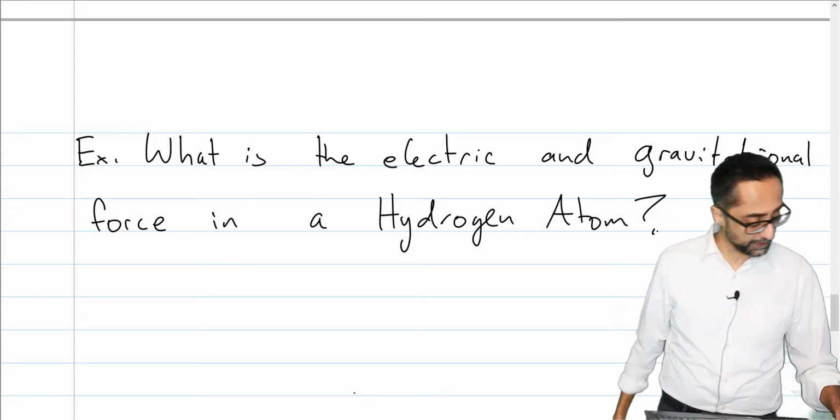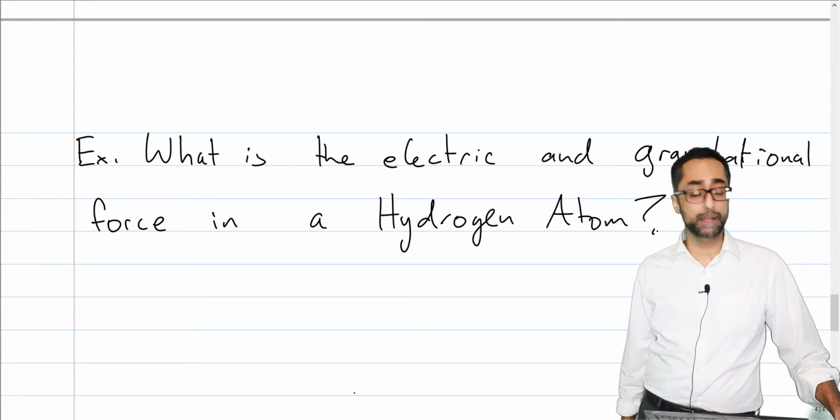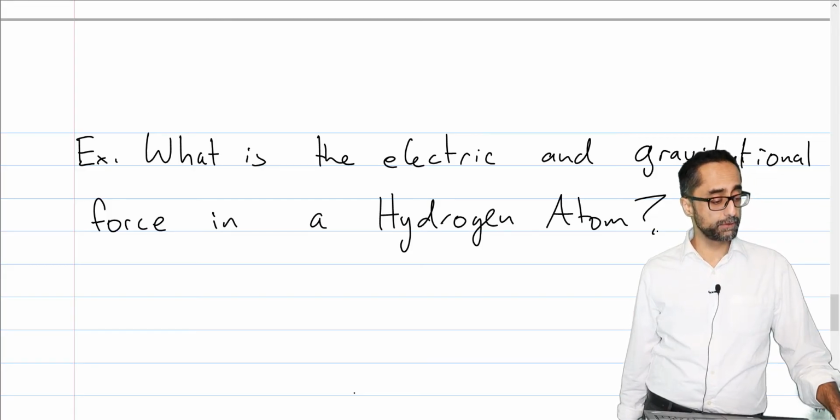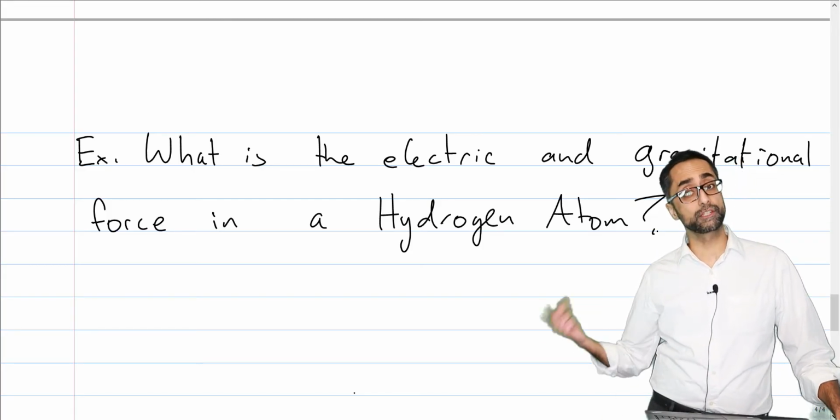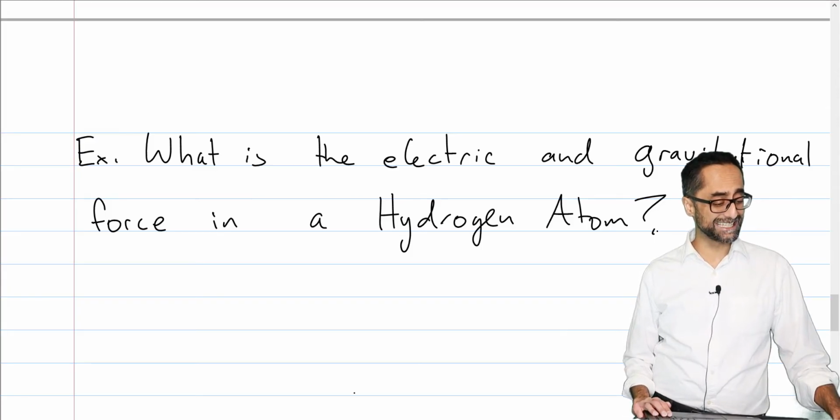And so specifically, a hydrogen atom is essentially made of an electron and a proton. And we want to measure the gravitational force between that electron and proton, as well as the electric force.